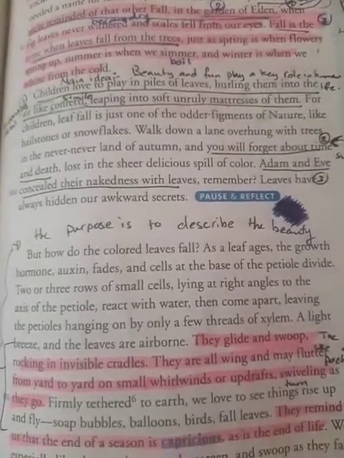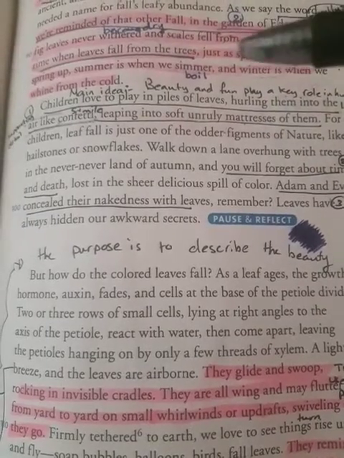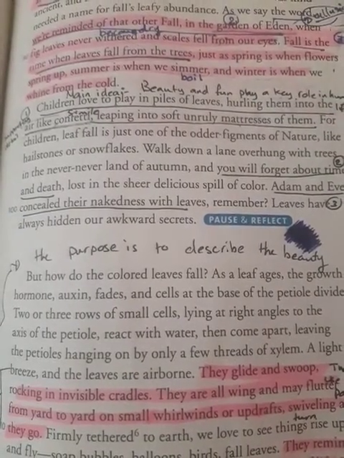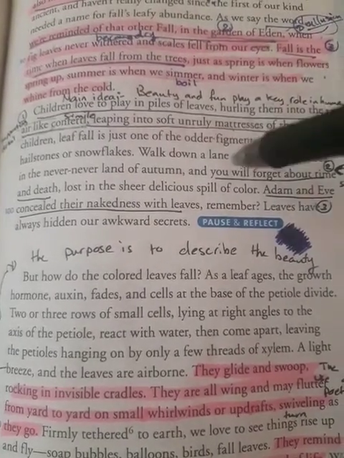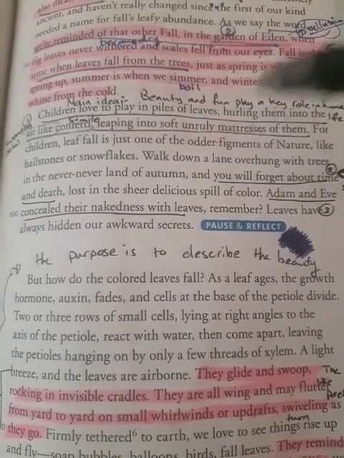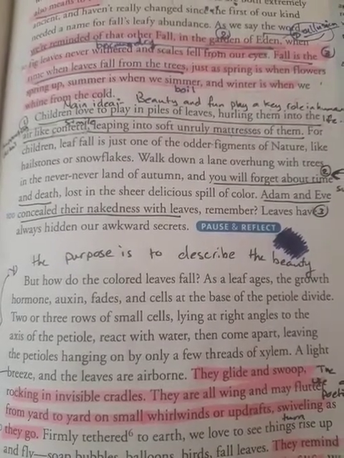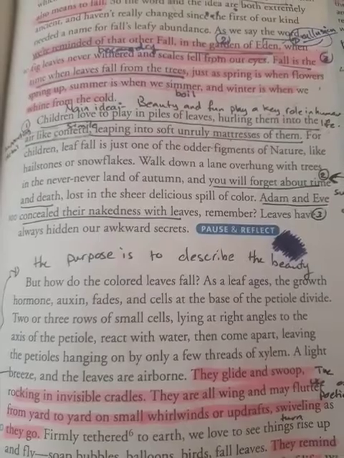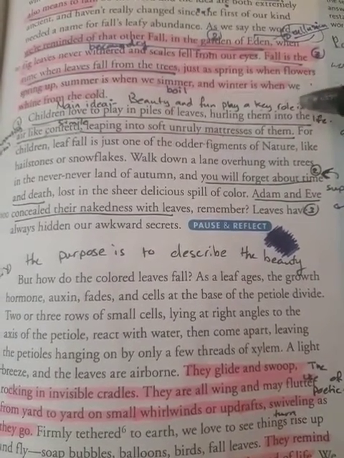You know that the author Diane Ackerman makes a connection between the beauty of nature and leaves falling. Okay, and she explains the main role of leaves falling in human life. So you have to write this main idea.